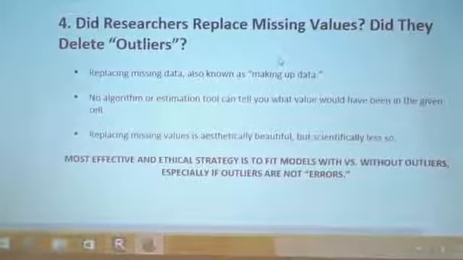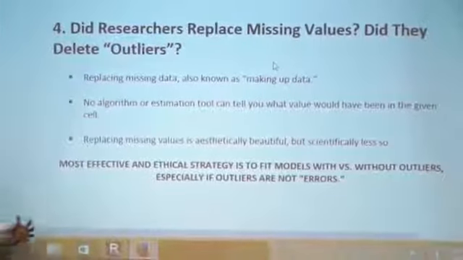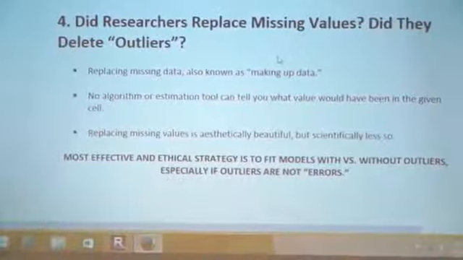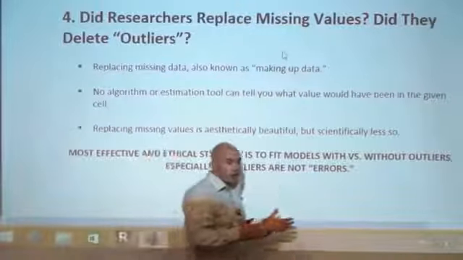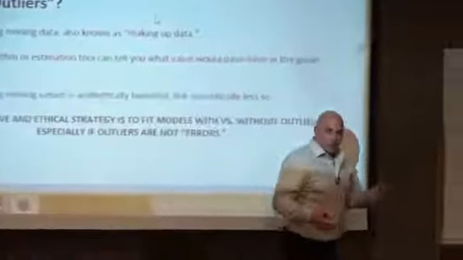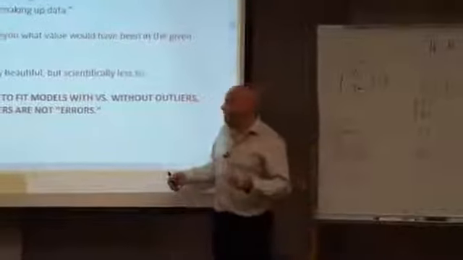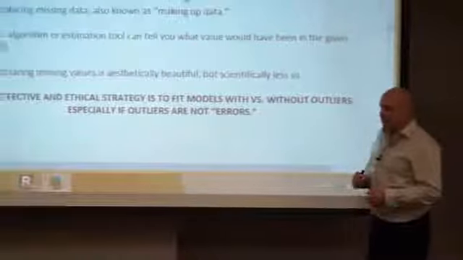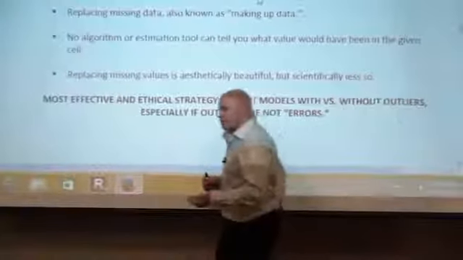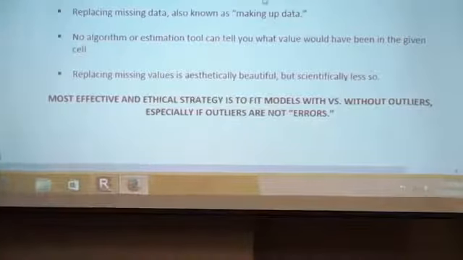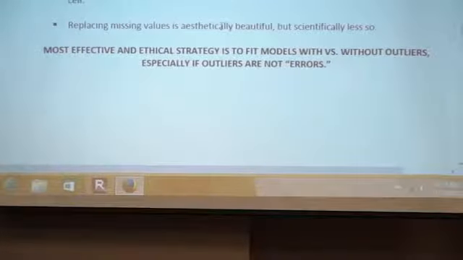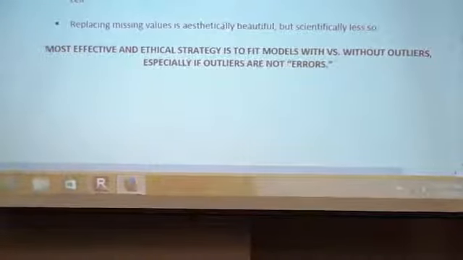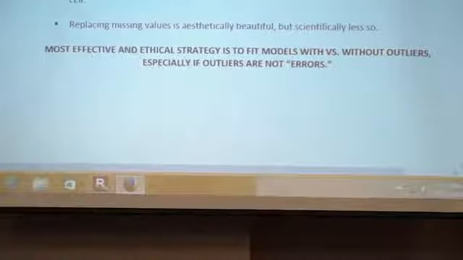And I think we should look for it in research papers to see how much of the data was actually replaced. Another thing is that when we replace missing data, the model usually is going to fit better. So it appeases things statistically, but it's less scientifically aesthetic because it's not a real data point. The most effective and ethical strategy, in my opinion, is to fit models with versus without outliers, especially if outliers are not errors.